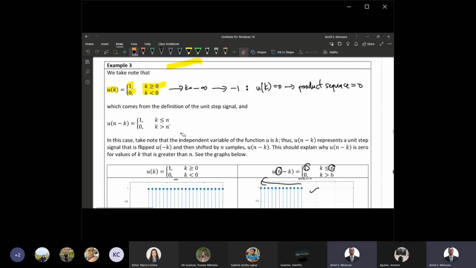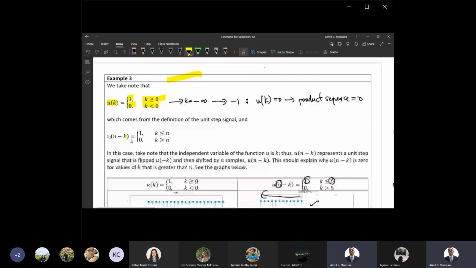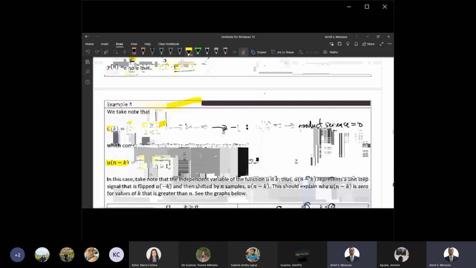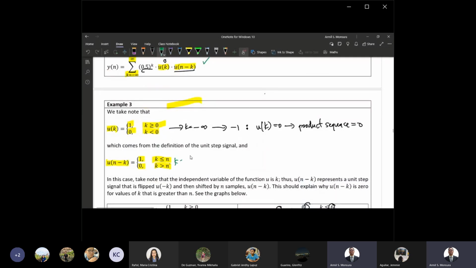So ngayon, ano ngayon ang gagawin doon sa signal natin? It means na pag ang value ng k nyo is from negative infinity hanggang n, ang magiging value ng signal nyo is 1.